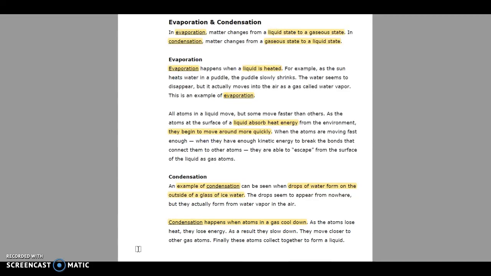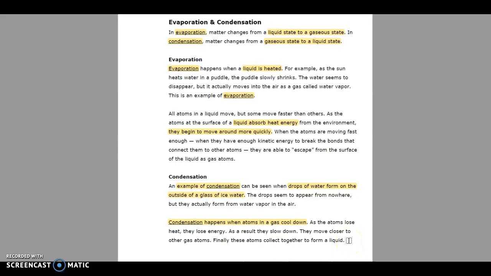As they lose heat, they lose energy. As a result, they slow down. This is actually just a really important paragraph. If I were to ever be confused about condensation, I might just want to come back to these two paragraphs and maybe I would understand it better.